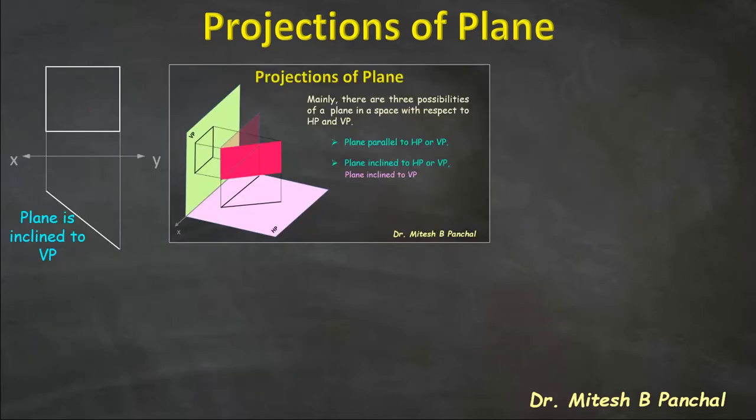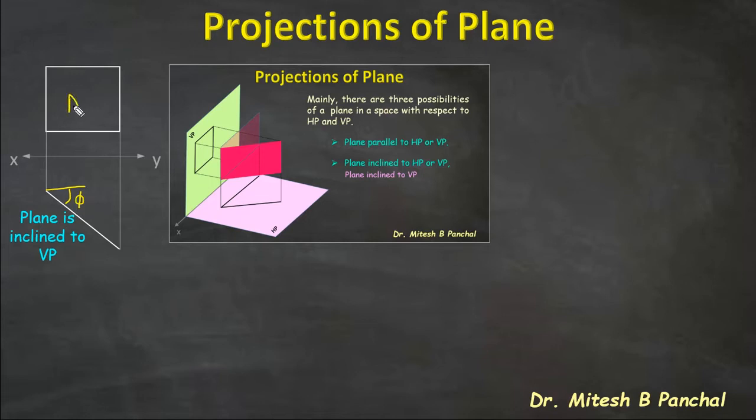So when the plane is inclined to one of the basic principal planes, one of the views is the apparent shape and the other view is the line view, and that line view is inclined at an angle. For this particular case it is the angle with VP, that is phi.